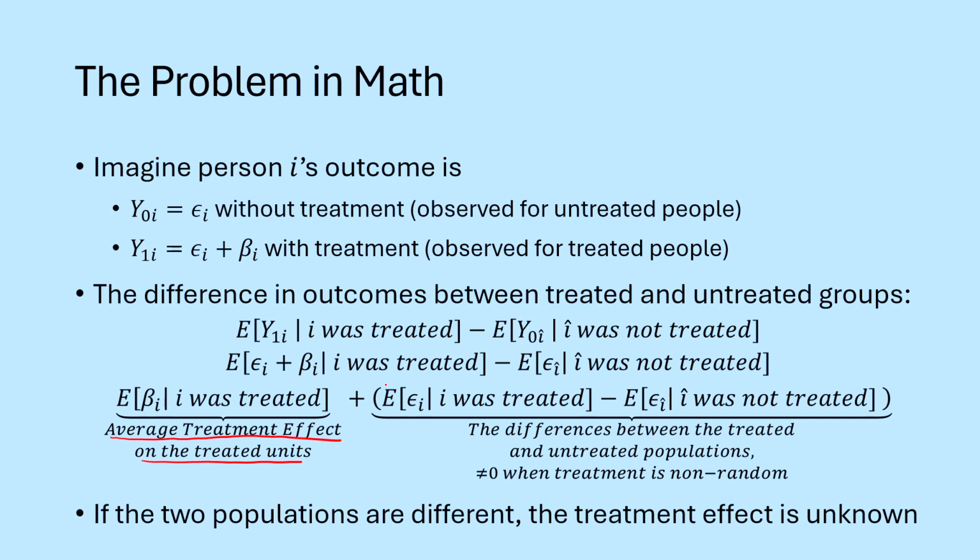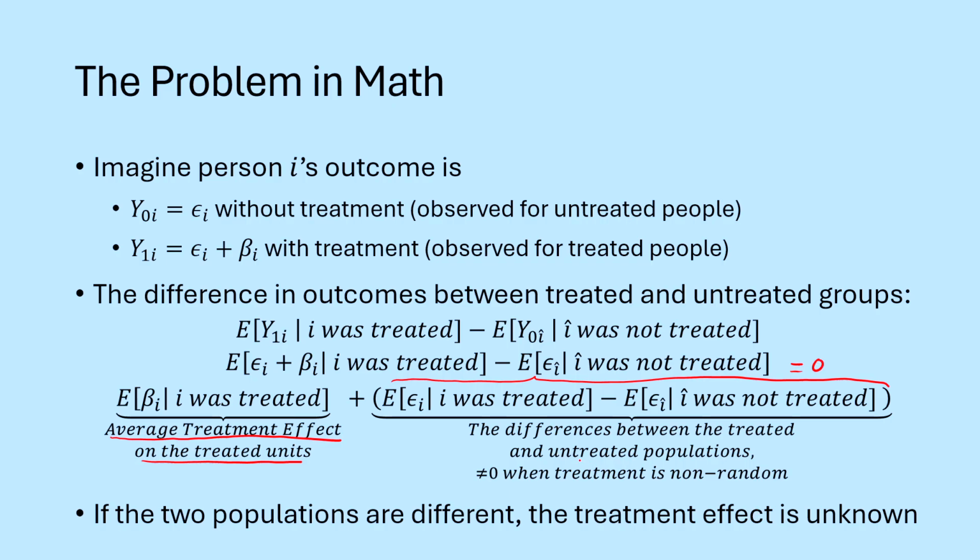This is the difference between the individual characteristics. Now, if we assigned these groups randomly, you would expect the individual characteristics to be more or less the same between the treated group and the untreated group. And as a result, this term up here would equal 0.